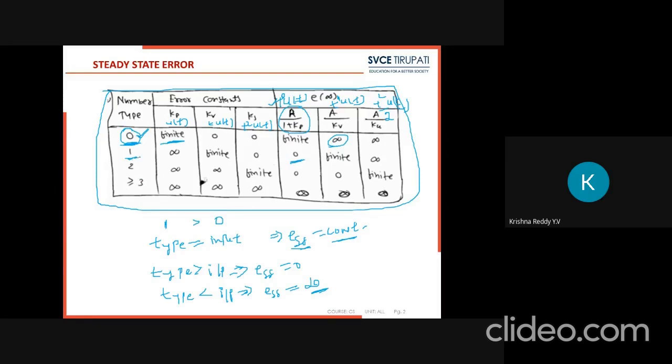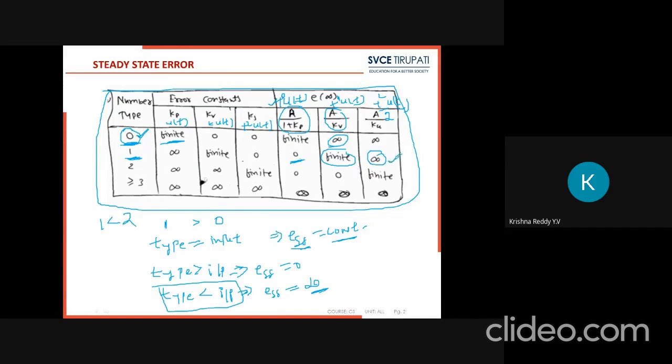When the type 1 system is subjected to the unit ramp input, 1 equals 1, so the steady state value is finite. It is A divided by K. If the type 1 system is subjected to the parabolic input, 1 is less than 2, the type of the system is less than its input, so we get a steady state value of infinity.